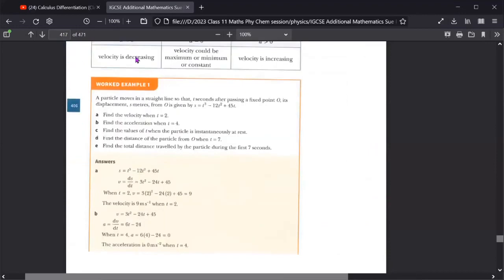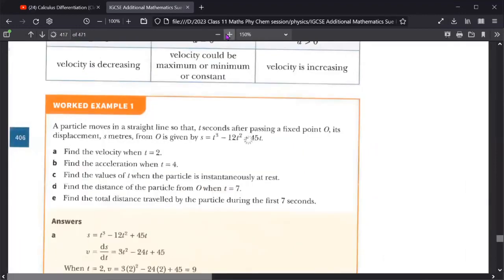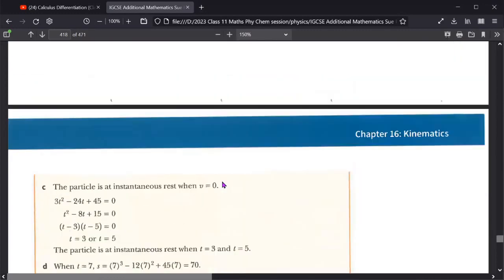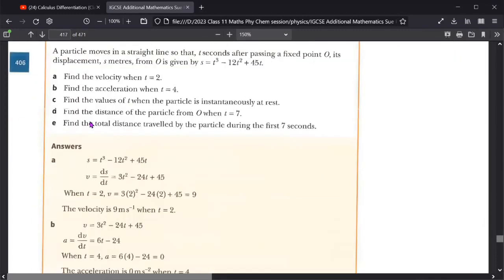So this is the question that we are discussing. We can calculate the velocity, we can calculate the acceleration, and we can calculate where exactly the particle was at rest. We know that at rest the instantaneous velocity would be 0. Are we clear? Now he is saying, find the total distance traveled by the particle during the first 7 seconds. He is asking us the total distance.